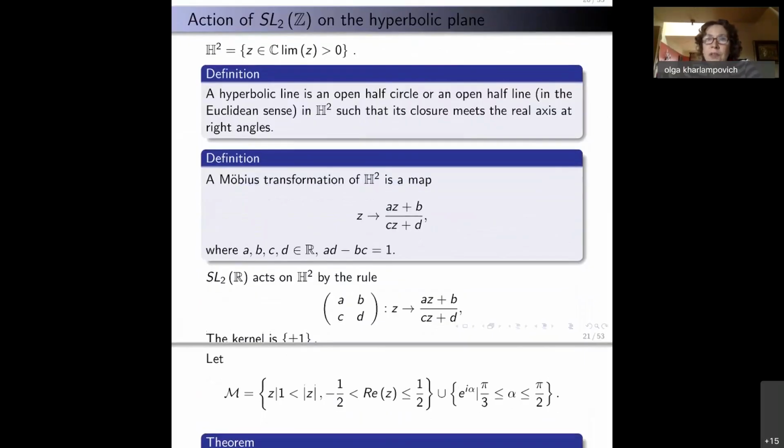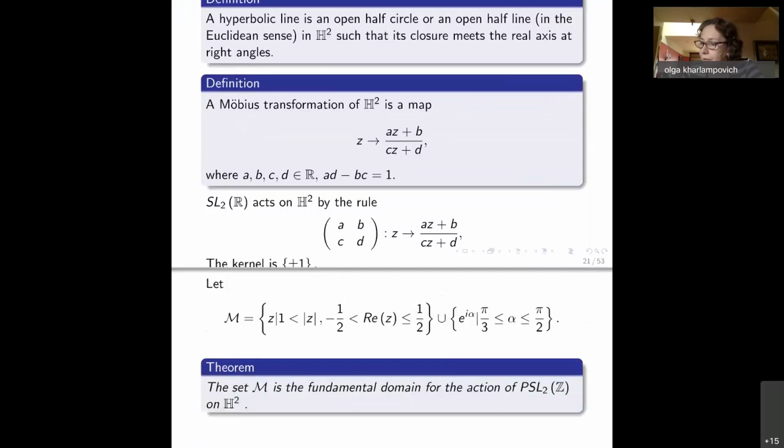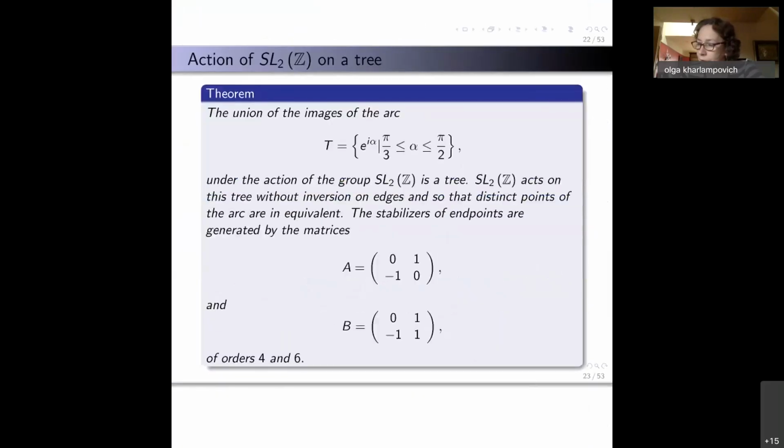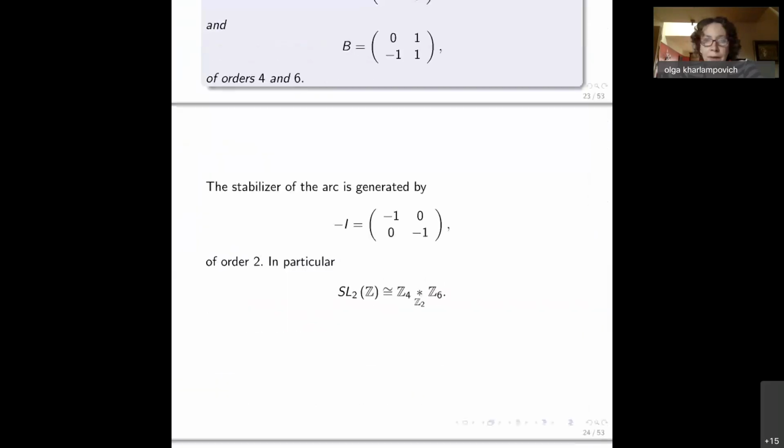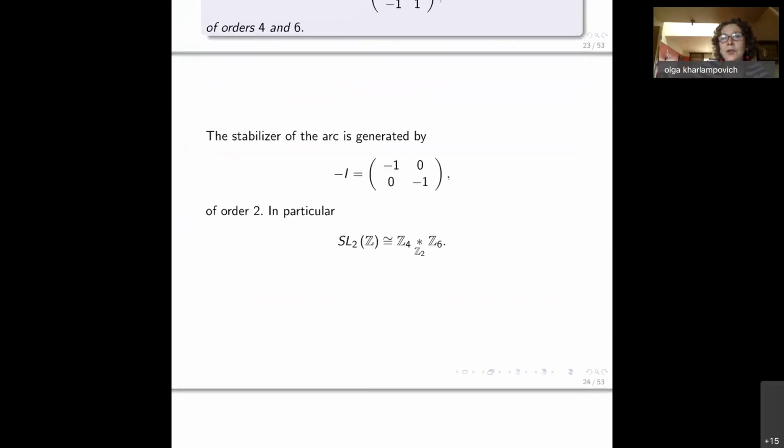He did show this by constructing a tree such that this group acts on the tree. And as a result, we can prove that SL2Z is an amalgamated product of the cyclic group of order 4 and the cyclic group of order 6 over the cyclic group of order 2.